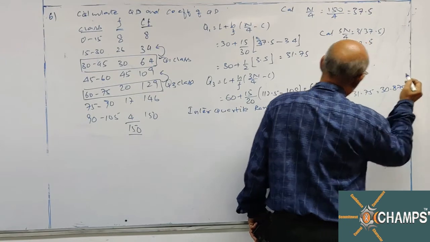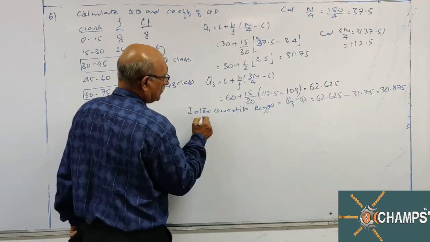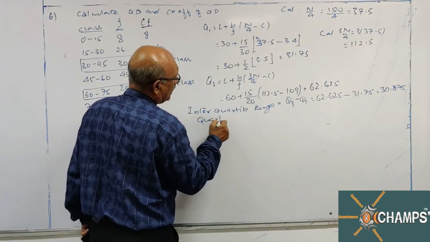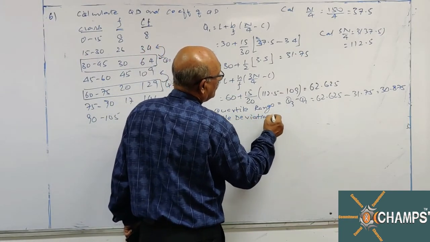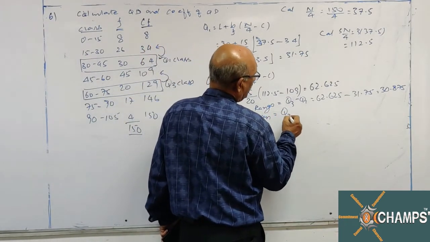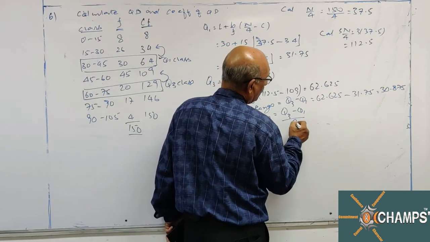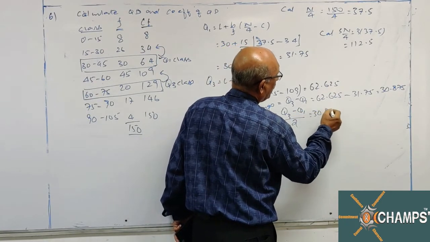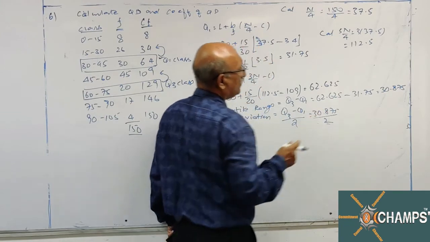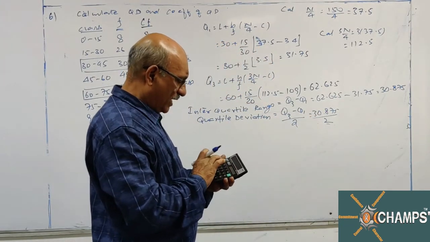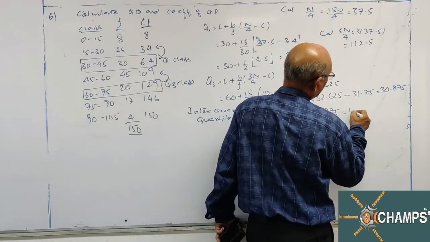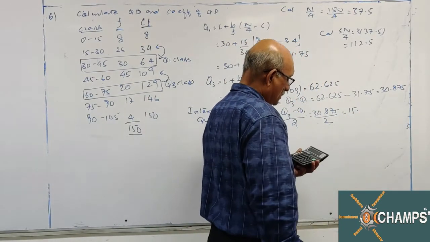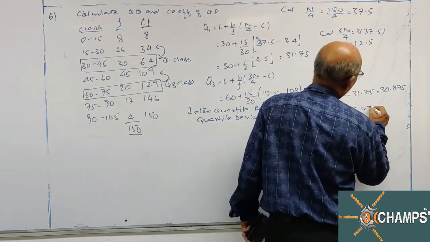QD, quartile deviation, is equal to Q3 minus Q1 divided by 2. 30.875 divided by 2 is 15.4375.